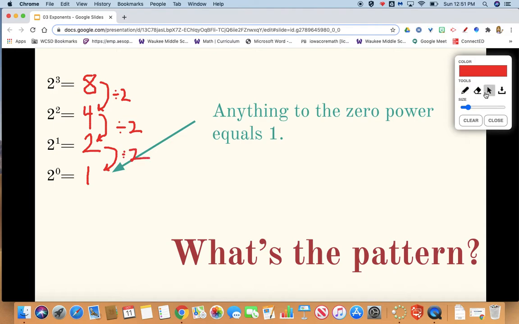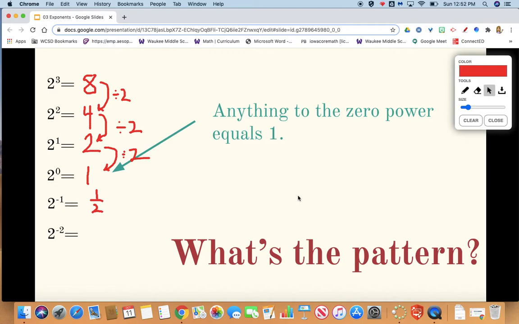So what happens as we move into the side of negative exponents? Well, if we follow the same pattern, our exponent dropped by 1, which means our answer should divide in half. So if I have a 1 and I need to divide it by 2, I will end up with 1/2, or 1 over 2. Let's continue that pattern for 2 to the negative second power.